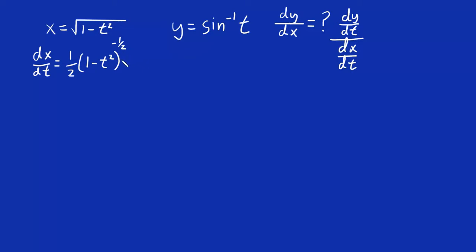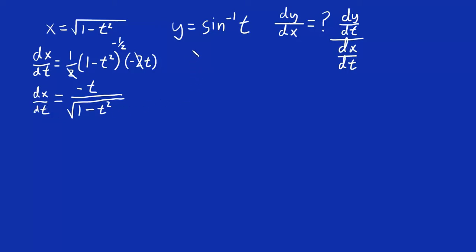And then we have to apply the chain rule, and doing so we get a negative 2t. And then from this you can see that these 2's will cross off. And then when we rewrite it and clean it up a little bit, we get a negative t over the square root of 1 minus t squared. And we're writing it this way so we can get rid of the negative exponent. So we have our dx/dt.